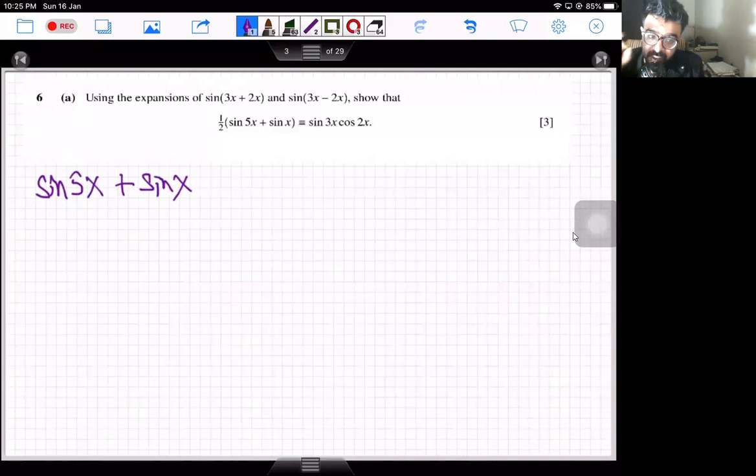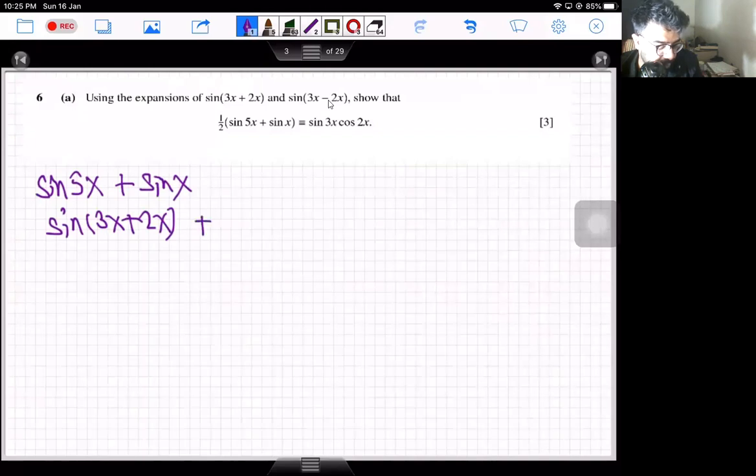In place of 5x, we can write 3x plus 2x. So sine 5x is exactly the same thing as saying sine 3x plus 2x. And in place of x, we can write 3x minus 2x. So sine x is exactly the same thing as saying sine 3x minus 2x.